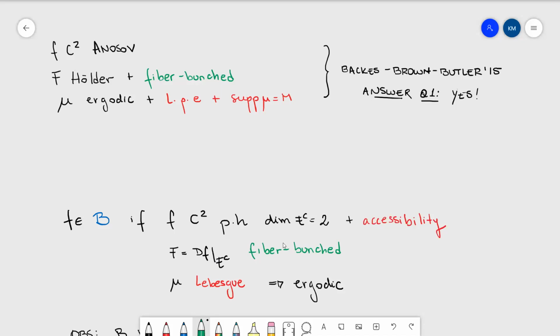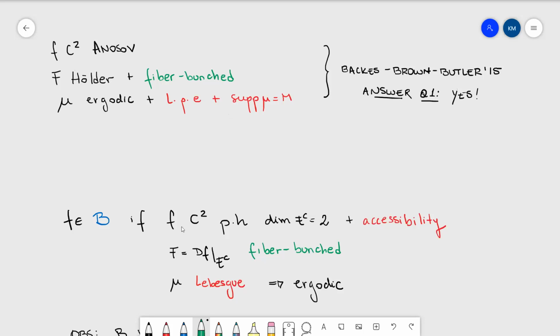And what is important here are these two red conditions, because I told you that I'm using them in order to have this Hopf argument. I have this property in one point and I want to take it everywhere in the manifold. And when your diffeo is partially parabolic, we may know some other types, but the more easy thing to deal with is accessibility and your measure being Lebesgue.